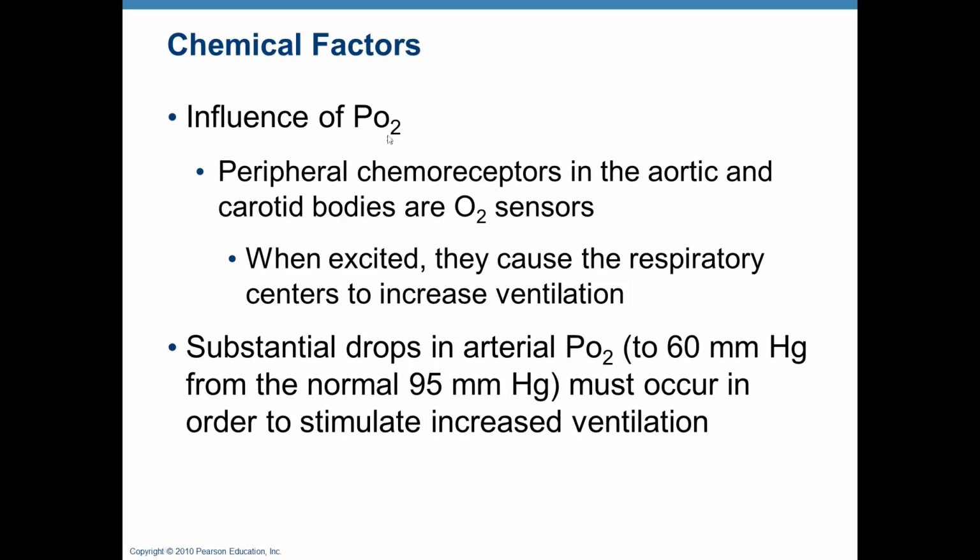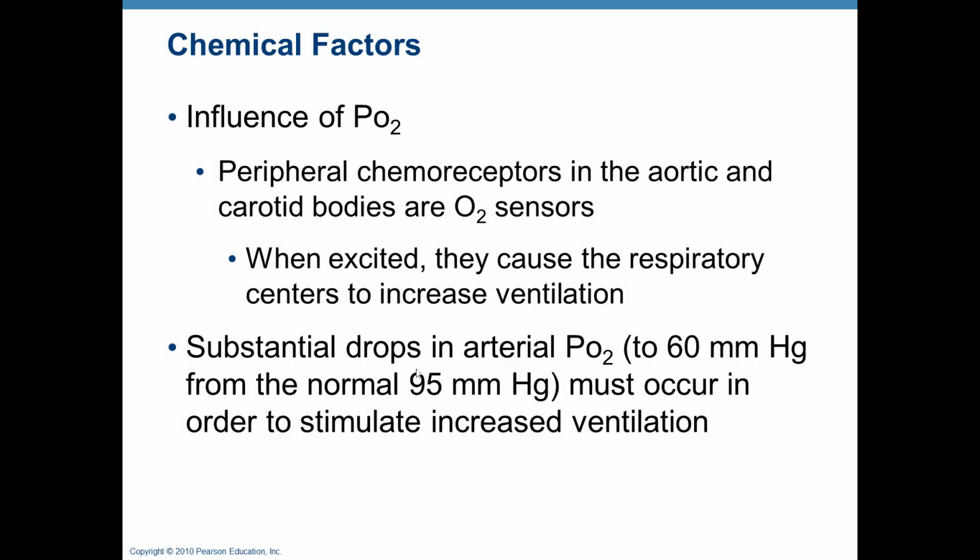All right, now you would think that the levels of oxygen gas in your tissues would also influence breathing as well, and they do. You do have nervous tissues called chemoreceptors in your aorta and carotid arteries that respond to levels of O2.